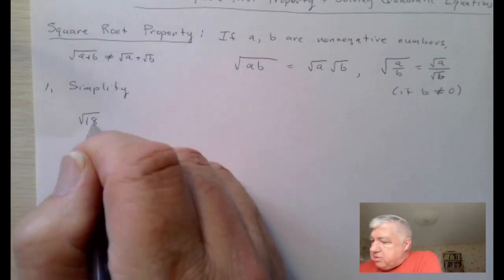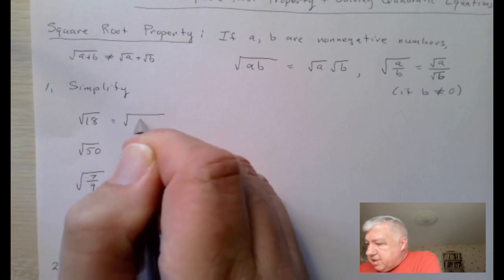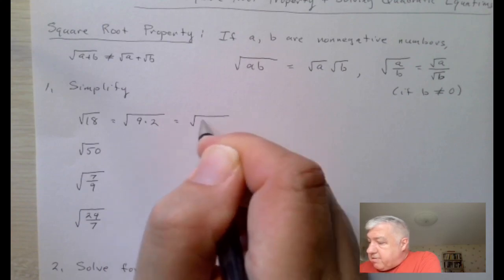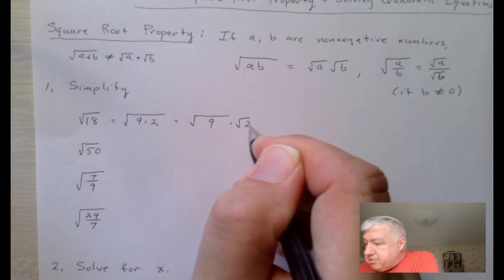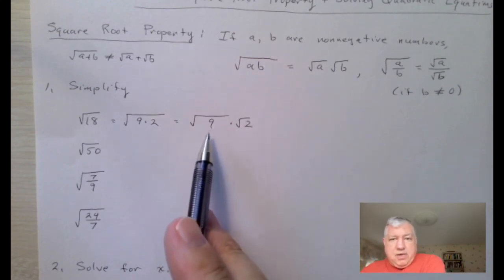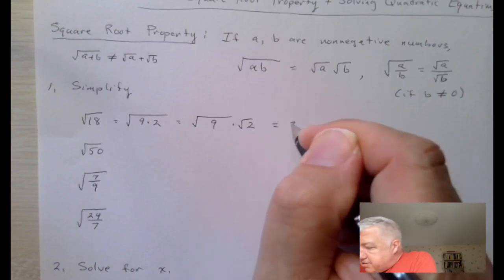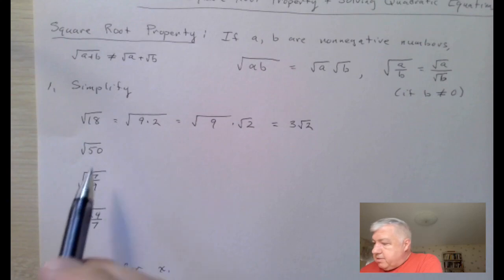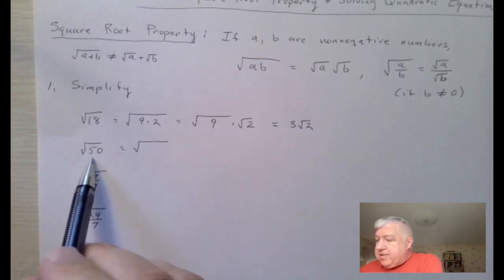So for example, the square root of 18 is the square root of 9 times 2, which we can write as the square root of 9 times the square root of 2. And the square root of 9, we know it's a whole number, it's 3. So this is actually 3 times the square root of 2. The square root of 50 is the square root of 25 times 2.